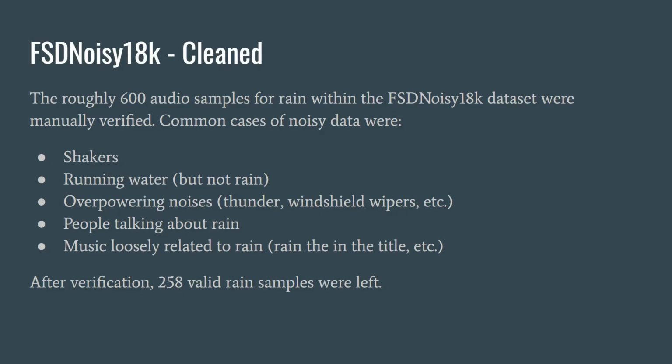On top of throwing out these common cases, I also threw out samples in which I felt like the acoustics were too far from our use case, or in which I felt like the rain was too overpowered by other sounds within the sample. After manually verifying all 600 audio samples, around 258 valid rain samples were left. This will make up my rain present class for the SVM.